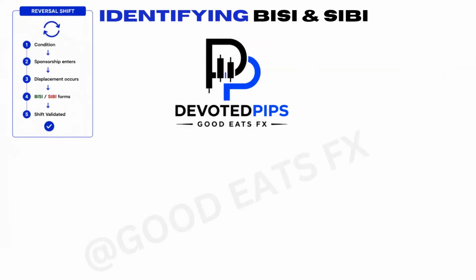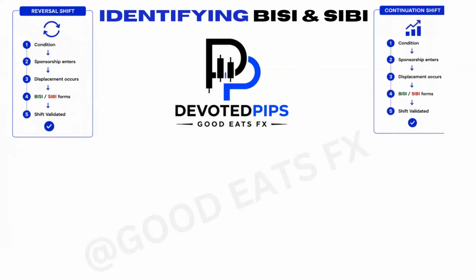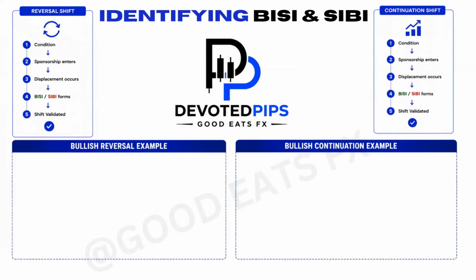So we've already mentioned the conditions for a reversal shift and continuation shift, and we're going to follow this 5-step process. So here we are back at the previous example. We are in a downtrend. We see the sponsorship of price no longer having intent to trade lower. We get the sponsorship of an impulse move away from the down movement.